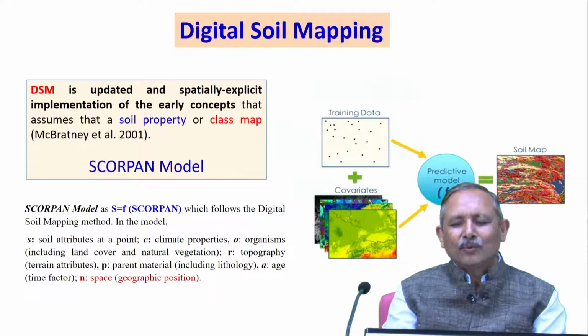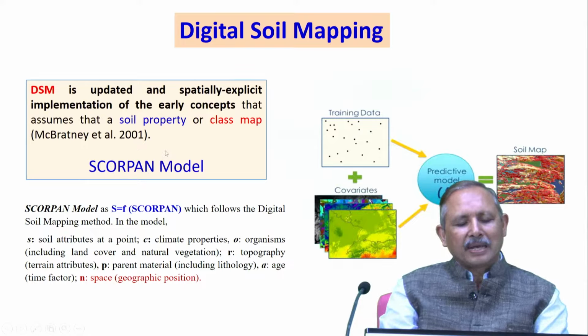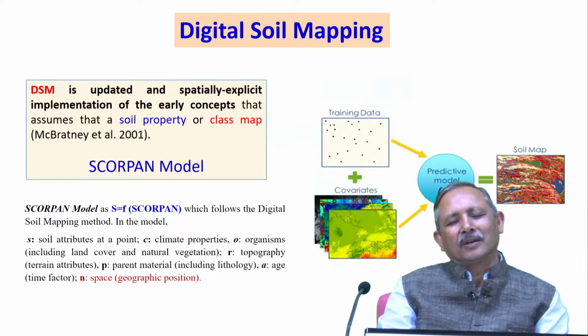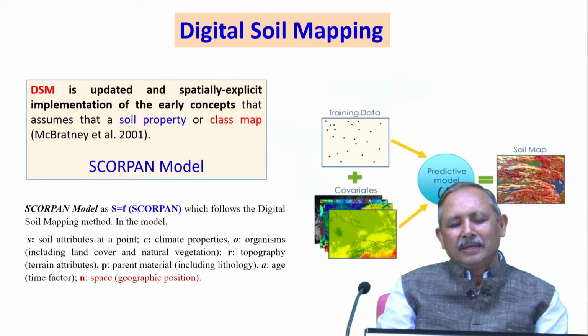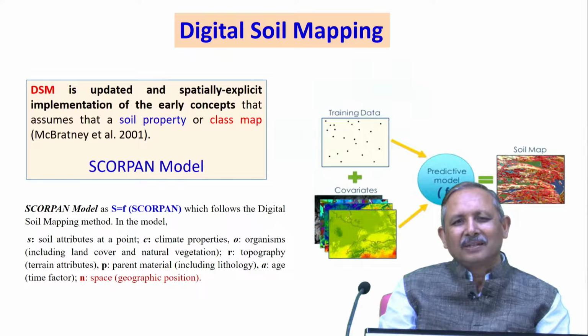Here we are using the digital soil mapping technique for the mapping of soils, but strictly this is not similar to conventional soil mapping. Here we mainly focus on the mapping of soil properties, surface soil properties and sometimes subsurface, by establishing the relationship.